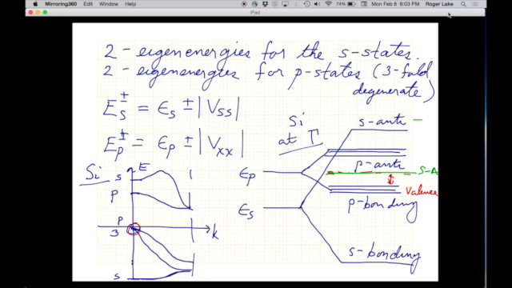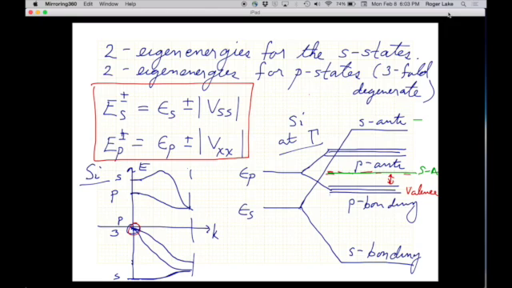Okay, so that's the story of silicon or germanium at k equals 0 at the gamma point without spin-orbit coupling. This is how your states break up. As we said when we did the two-band model, the valence band is completely p-type. Remember, the simple two-band model I said is a caricature of the real deal.